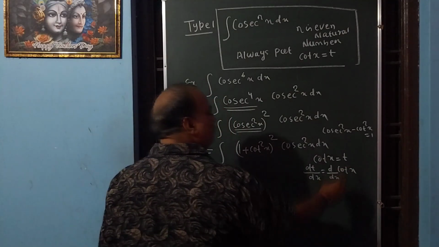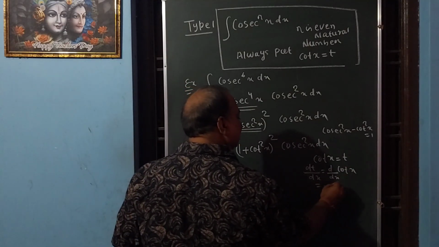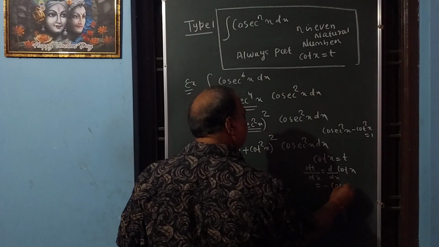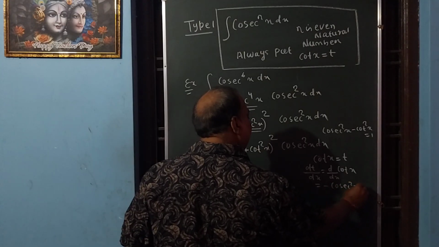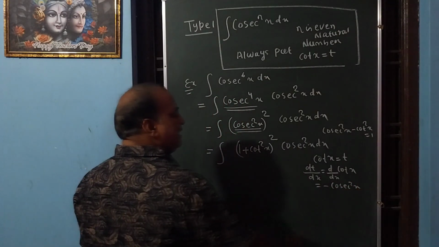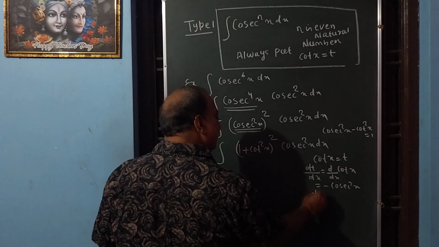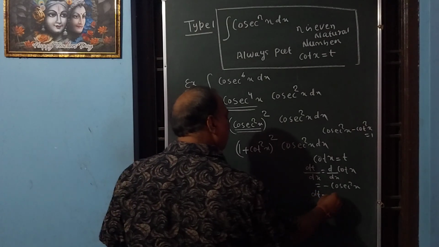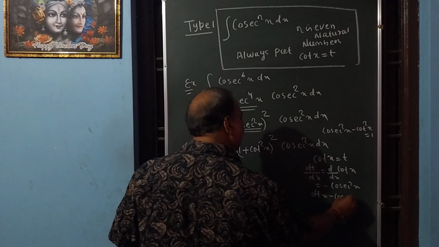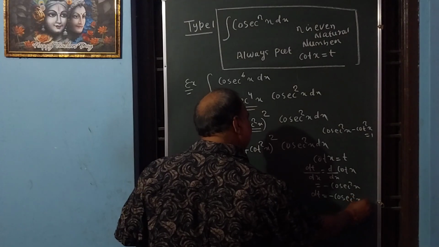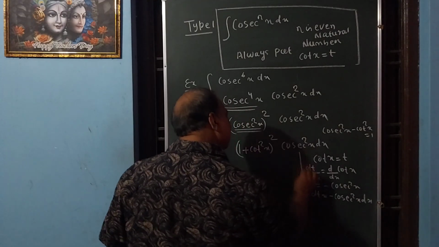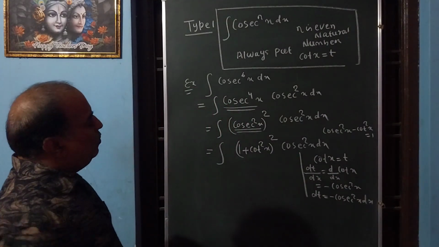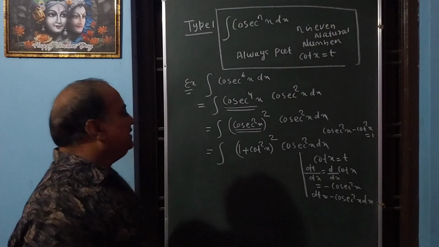The derivative of cot x is minus cosec square x, so dt is equal to minus cosec square x dx.